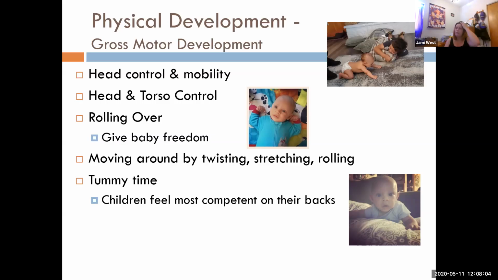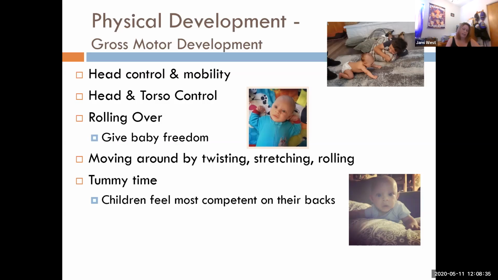That's why when you put a baby on their stomach and they can't get on their back, they cry. It's a horrible feeling because they can't move, okay? So we need to put them on their back so they can move around, twist, stretch, roll. And what you'll see right around 6 months old, 4 to 6 months old, is them rolling over, okay?